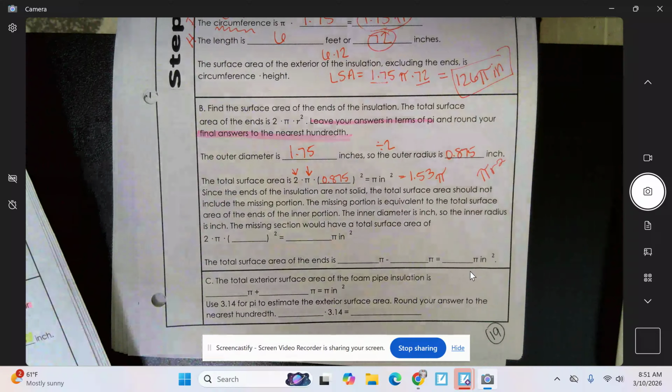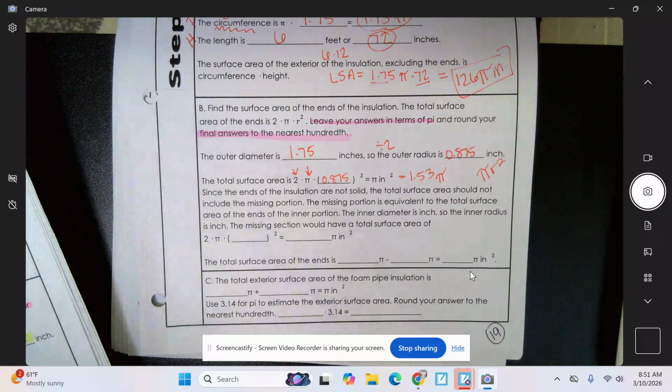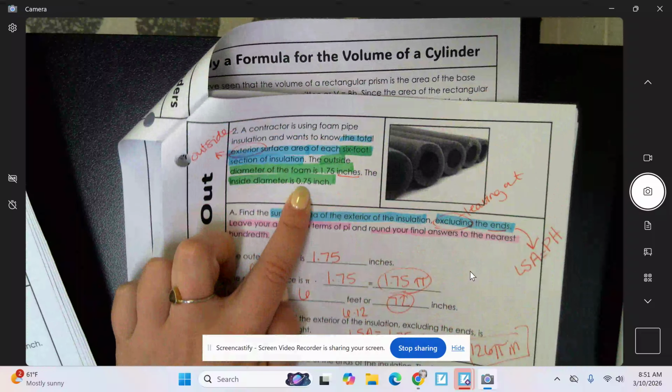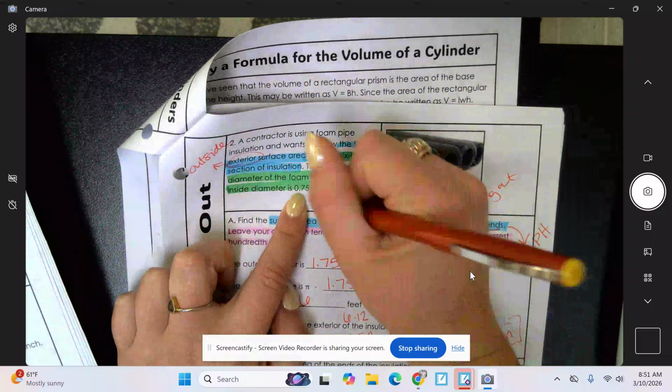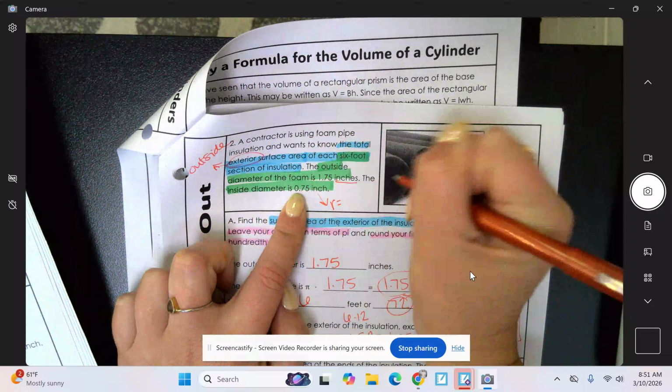Now we need to find the area of the little circle. And then we'll have to subtract it, right? So we have to do the same process. What would be the radius if we have an inside diameter of 0.75, what would the radius be?